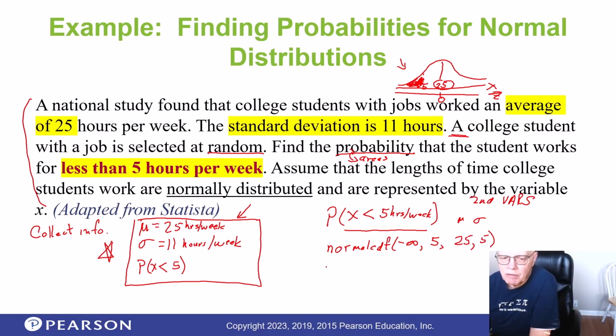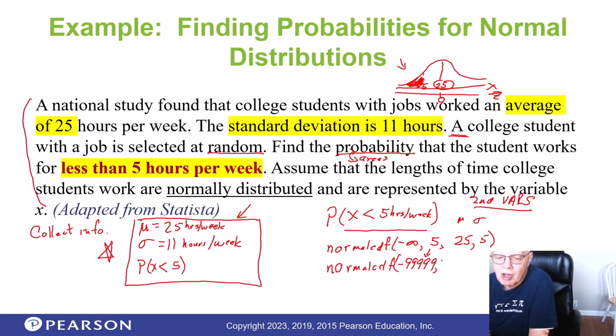Just in case you want to follow my way of doing things, I'll go to normal CDF at second vars, and I'm going to put in negative 9999, and double check. Is that way to the left of the 25 and the 5? Yes. It's nowhere close. That's the important thing about this sneaky number here.